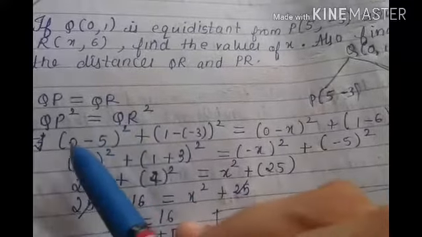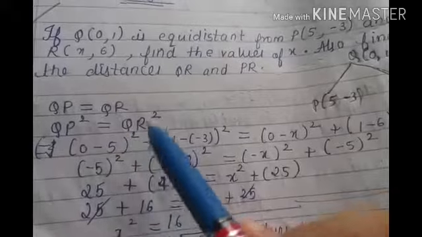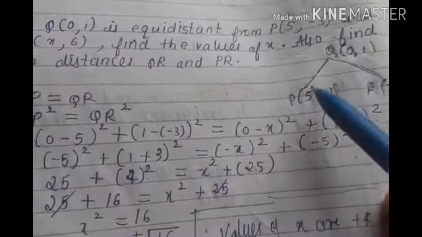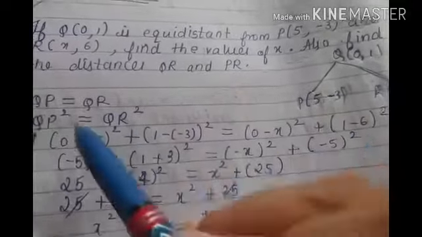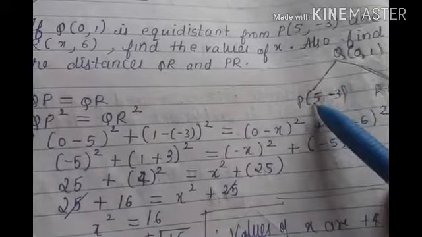When you take the square of the square root, the square root sign goes. So it is x2 minus x1 the whole square, plus y2 minus y1 the whole square.